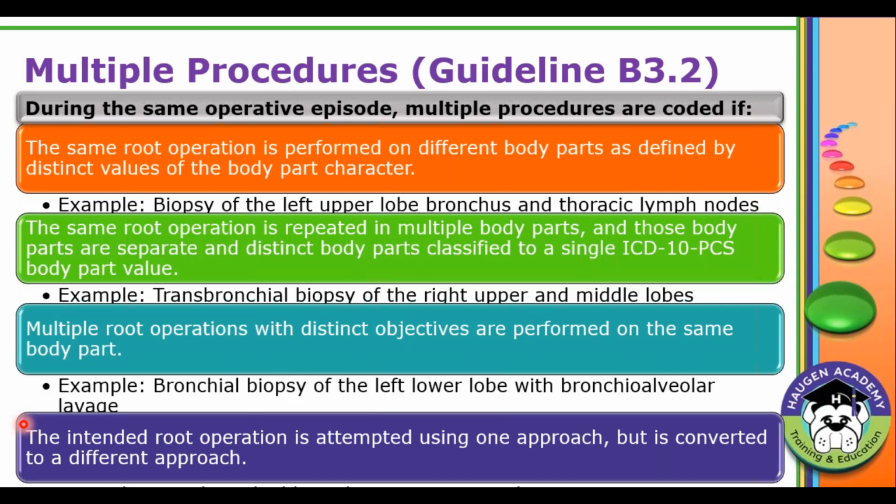Now this one, I was hard pressed to find an example for, and tapped into one of our CDI professionals on the team, and I said, when would we ever see this? And he's like, it's still kind of far-fetched, but it's possible that you could have a transbronchial biopsy that couldn't be completed because the lesion was very peripheral, and so they had to convert it to a video-assisted thoracoscopic surgery or a VATS.